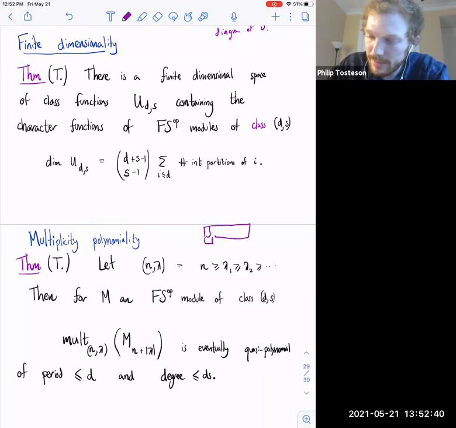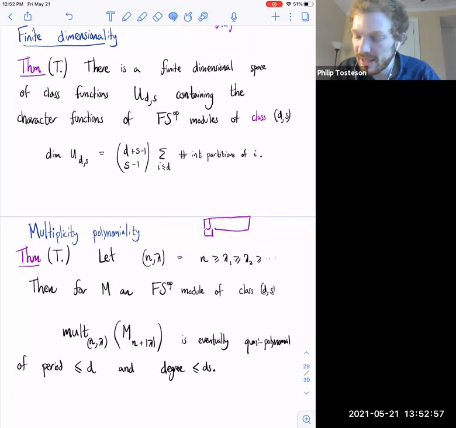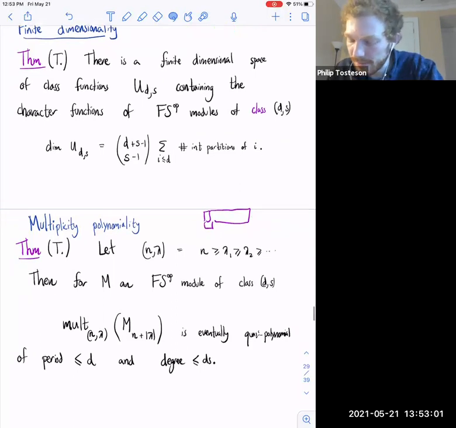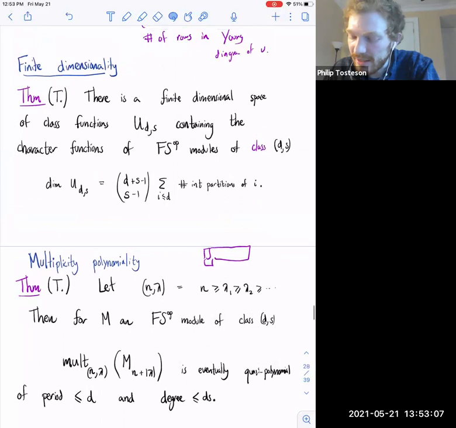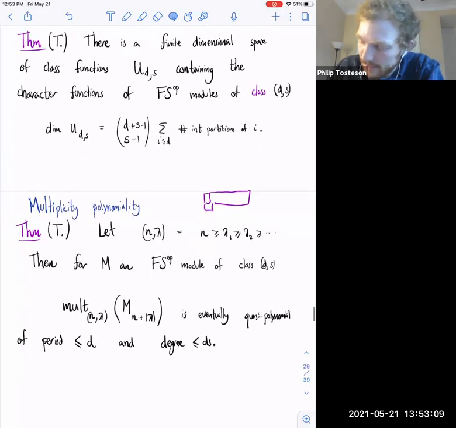And what this theorem says is that the multiplicity of n lambda in n plus the size of lambda is eventually a quasi-polynomial of period less than or equal to d and degree less than or equal to ds. So in the case of FI modules, these multiplicities stabilize, and for FSop modules, you can only say that they're eventually quasi-polynomial. Okay, so that's what you can get out for FSop modules.